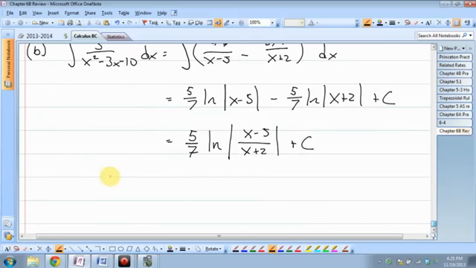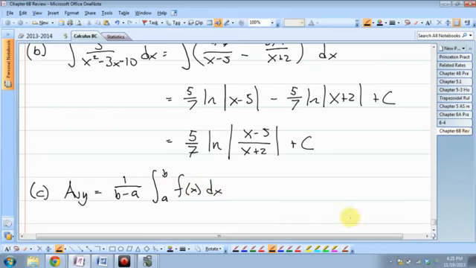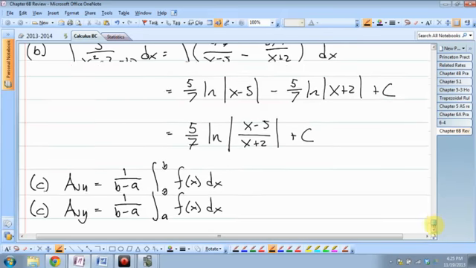Part C, average value, is equal to 1 over b minus a, integral from a to b of f of x dx. Remember that from a couple of chapters ago?